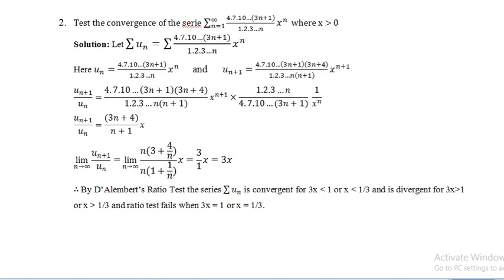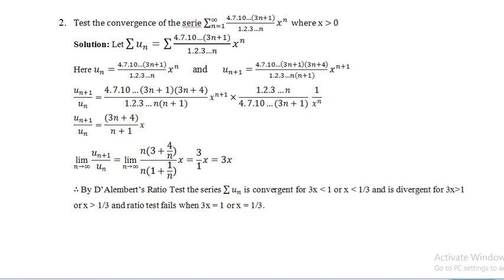Here n and n cancel out, and as n tends to infinity, we know that 1 by infinity is 0. So 4 by infinity and 1 by infinity become 0, giving 3 by 1 into x. So our limiting value becomes 3x.